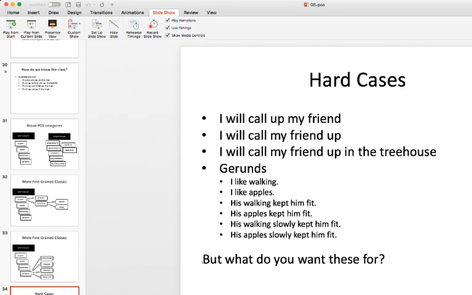I've got an answer for you. You don't care. Because it's sort of in the long tail of the data. You can just treat walking as a noun and you'll be fine. Unless you're a linguist and your publication record depends on coming up with some analysis of what walking is.